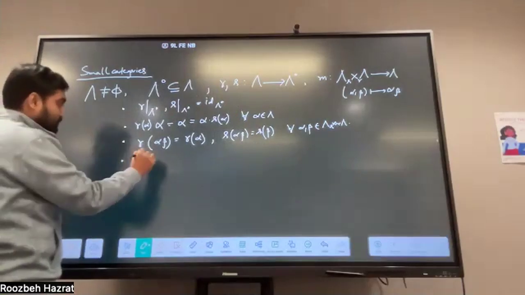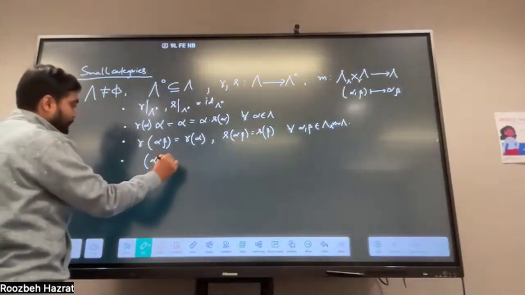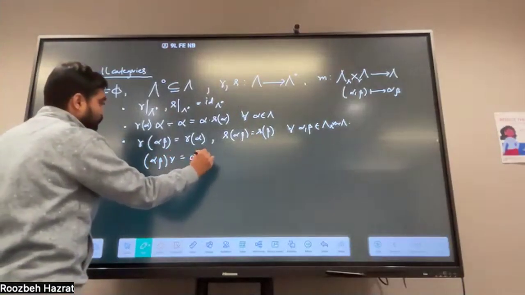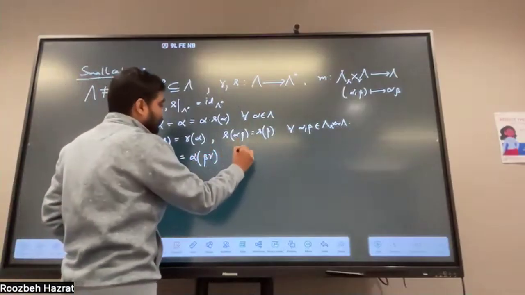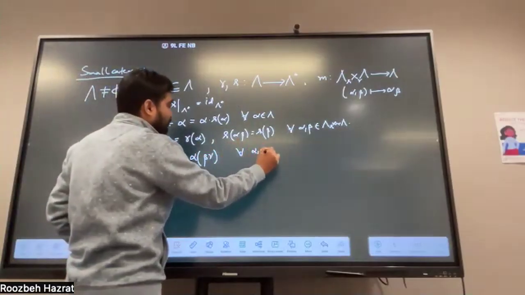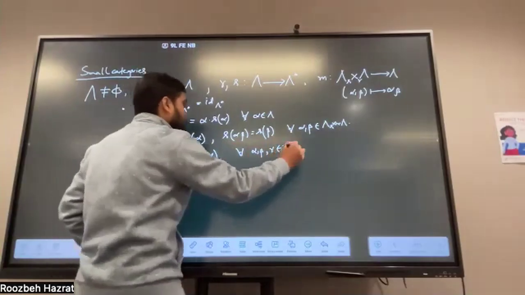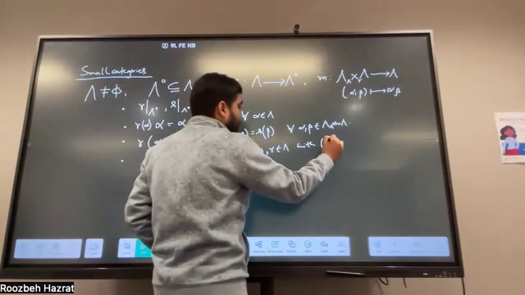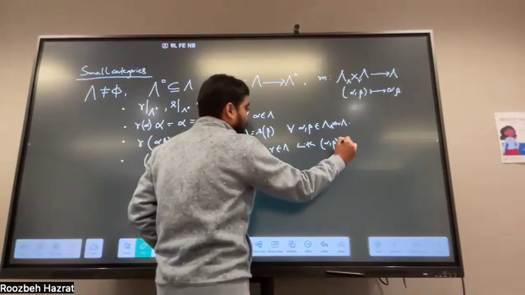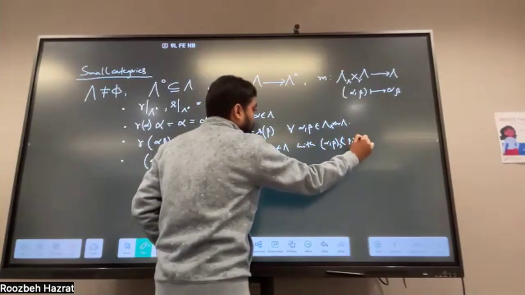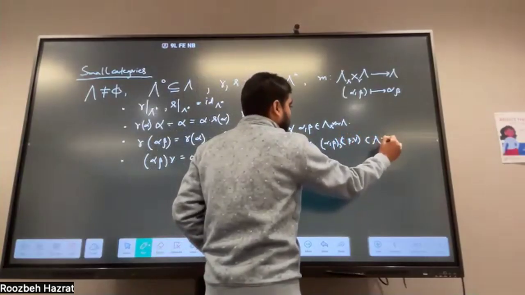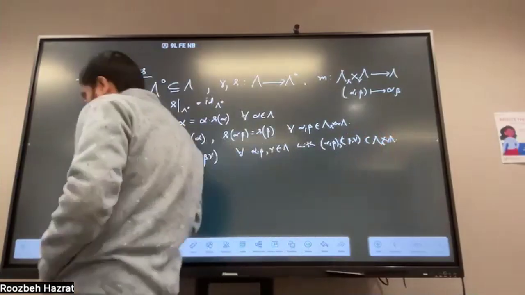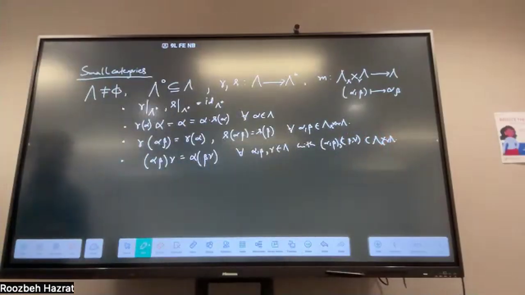Lastly, you have this associativity: for all alpha, beta, gamma in Lambda, (alpha beta) gamma equals alpha (beta gamma). So you can think of this as a purely axiomatic definition of a small category.